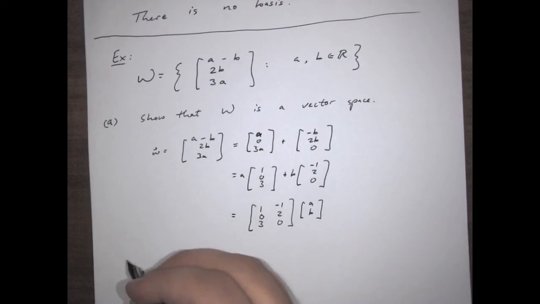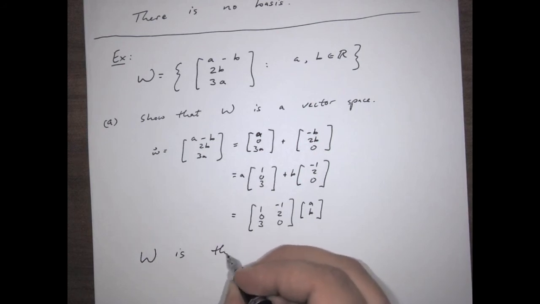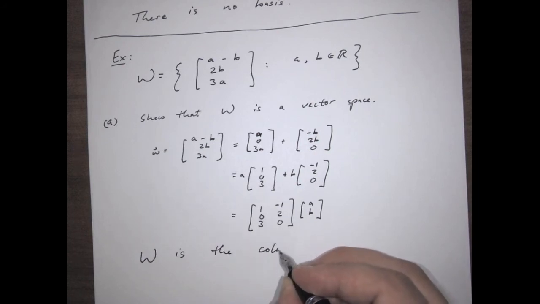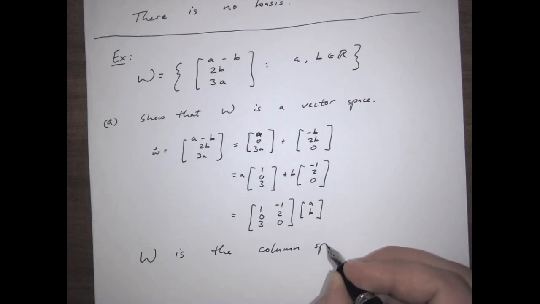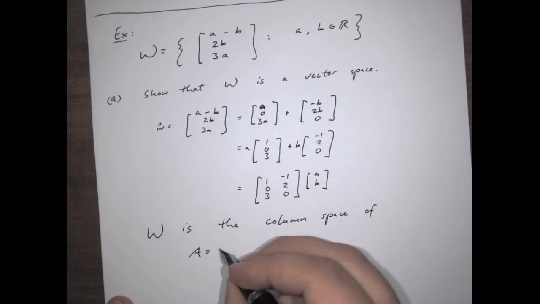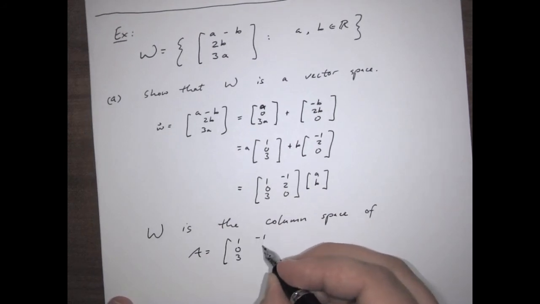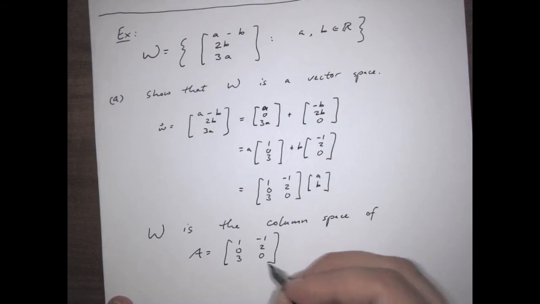So what this means is, since A and B are totally free here, that W is the column space of A, which is 1, 0, 3, negative 1, 2, and 0.